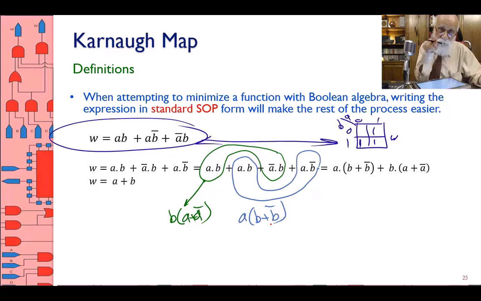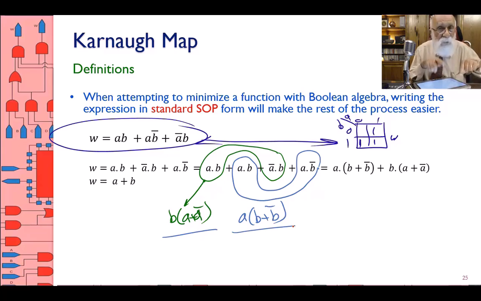So the first rule I used of Boolean algebra is that AB is repeated twice. Then I used the distributive law on the first term and the third term and came up with this. On the second term and the fourth term, I came up with this.